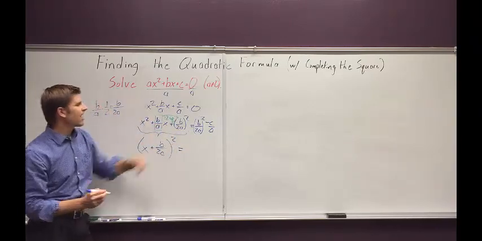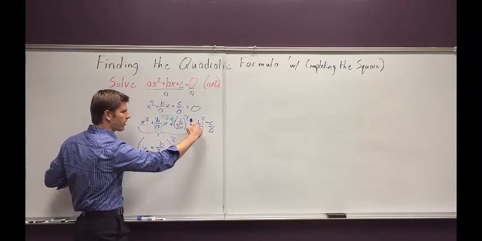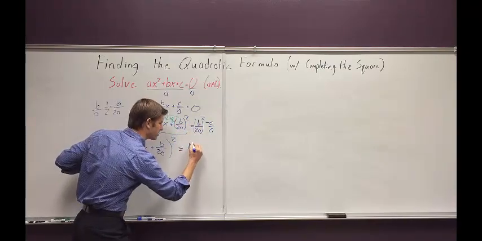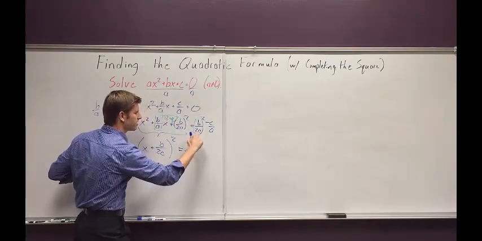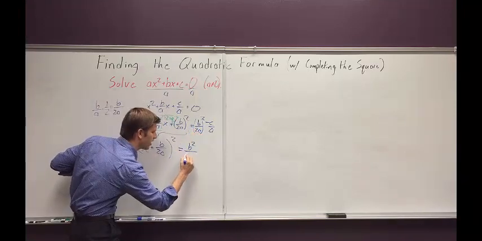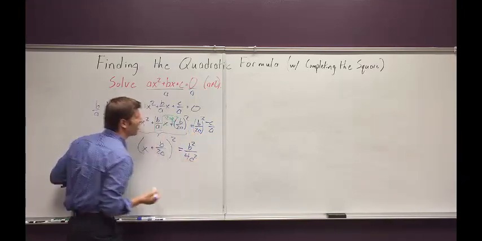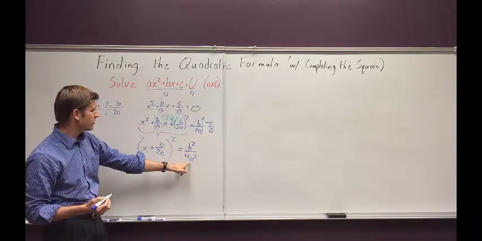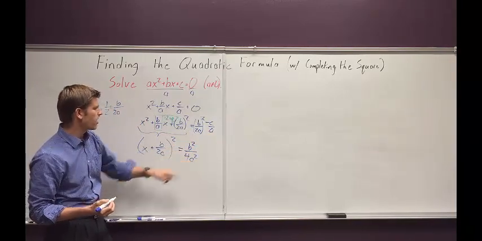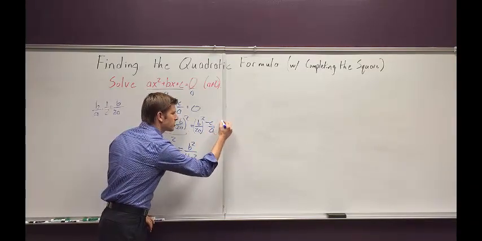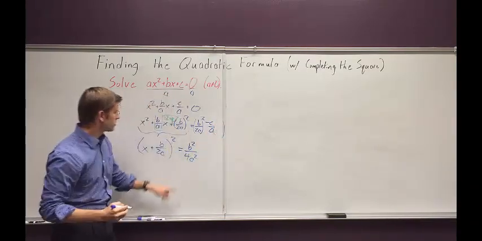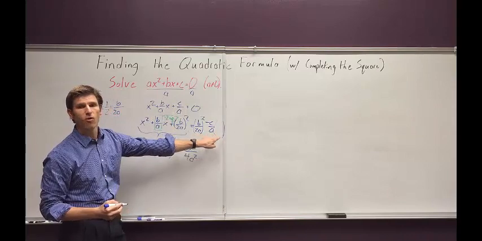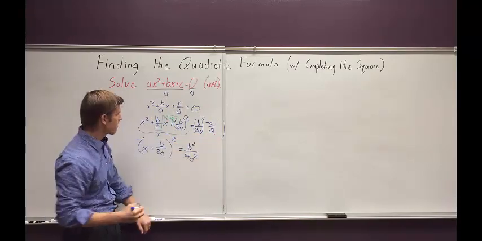Now, the right side's a little messier. Squaring this, I have to square the numerator, so that's b squared. I have to square the denominator, so 2a times 2a is 4a squared. I like to put these two terms together. Since the denominator here has 4a squared, I just want to change this one term. So I need the denominator to be 4a squared.